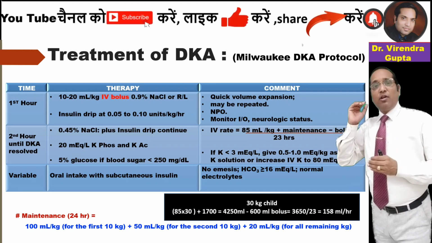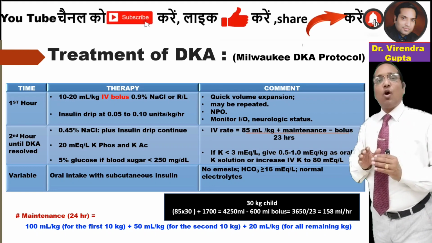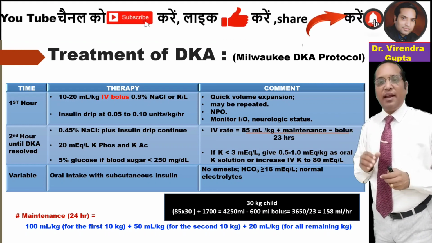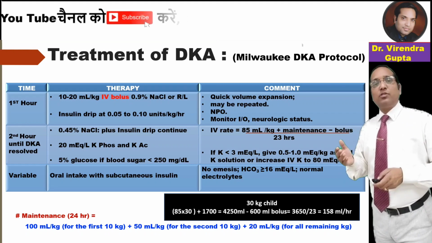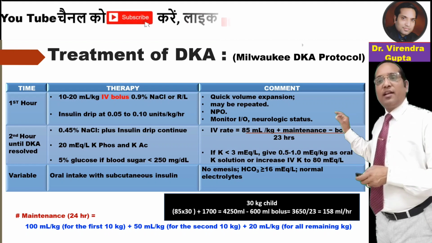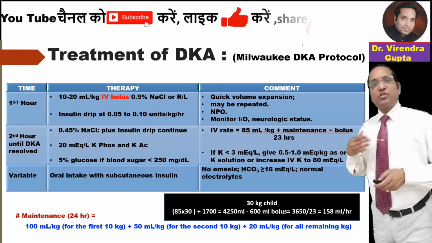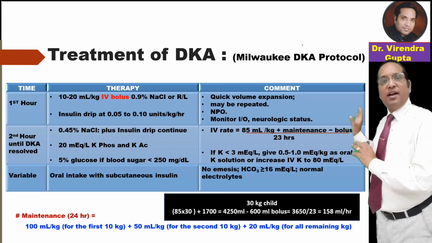Guys, there should not be overcorrection or rapid correction of the fluid, to prevent cerebral edema. And guys, when the patient passes urine, we should give potassium at the rate of 20 milliequivalent per liter of the replacement fluid, and 5% glucose can be added if the blood sugar is less than 250 milligram per deciliter.